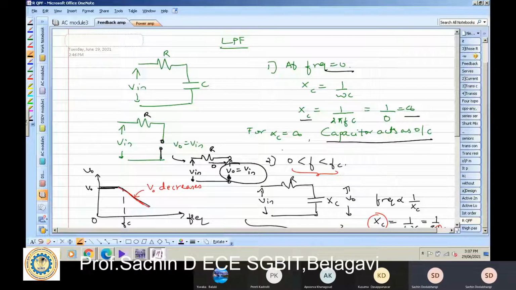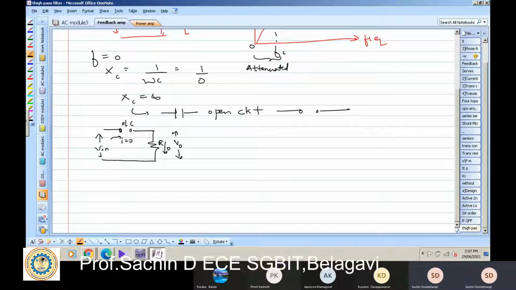Whereas in high pass filter, capacitor and resistor are interchanged. So here is the capacitor which is open circuit, so there is no flow of current here. I'll draw it big. This is my input voltage. What is the current flowing through this resistor? It is 0 because it is open circuit.